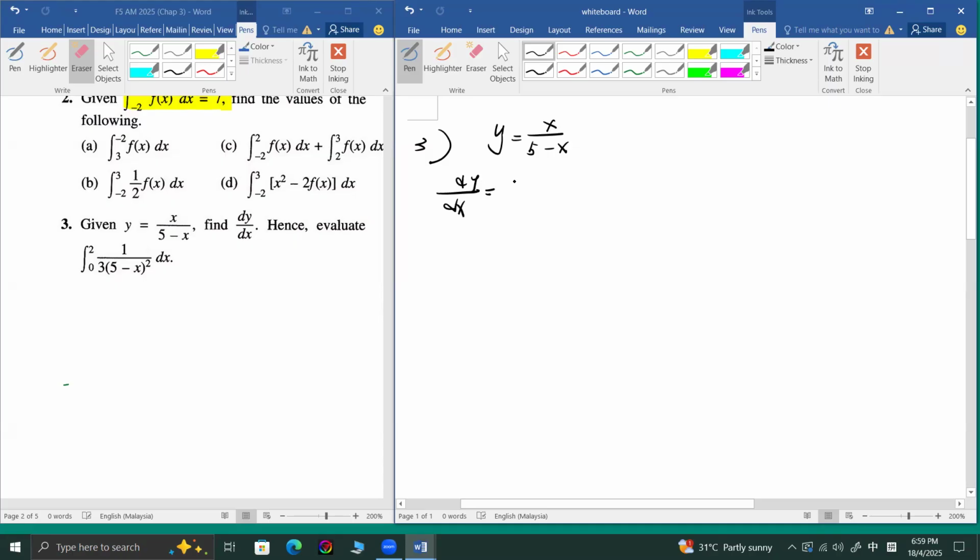U per v method: copy the bottom, differentiate the top, minus copy the top, differentiate the bottom, and square the bottom. And after that, we just simplify, okay? 5 minus x plus x. So I got 5.